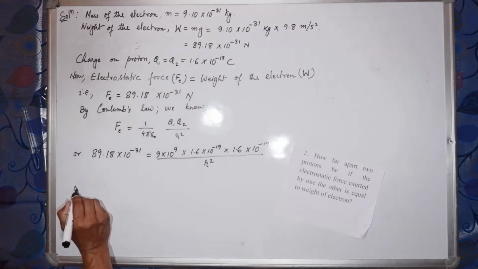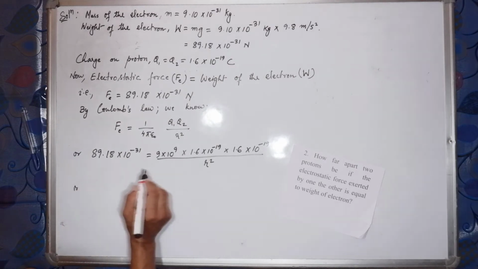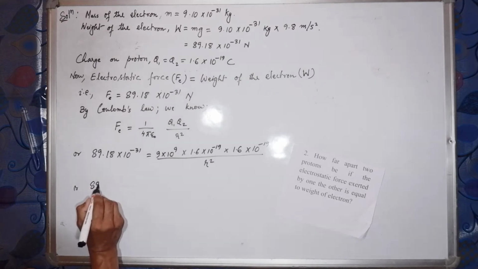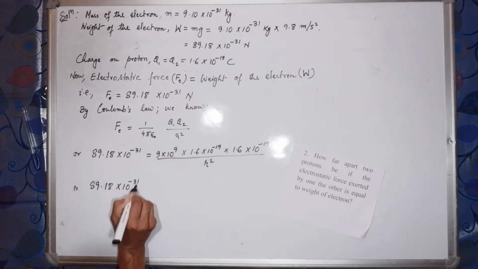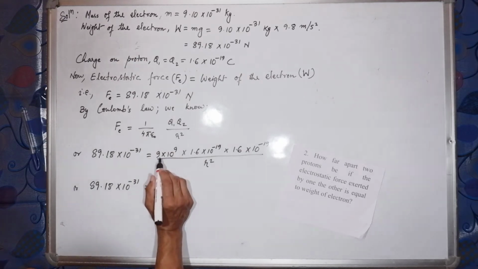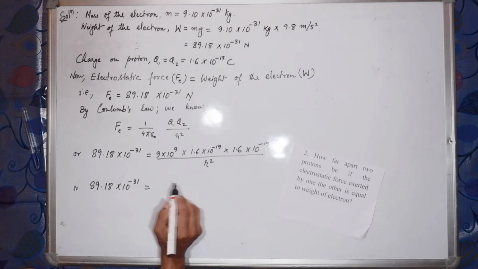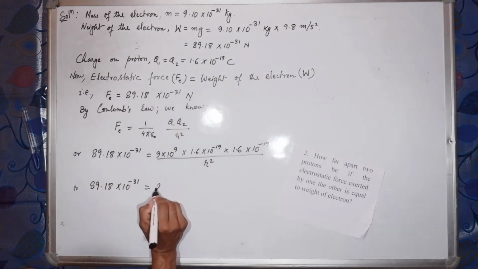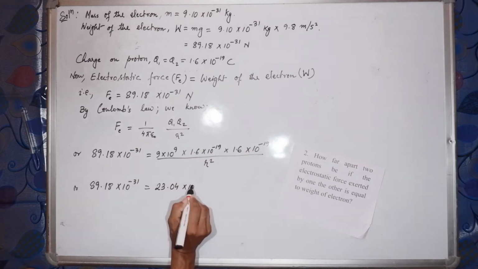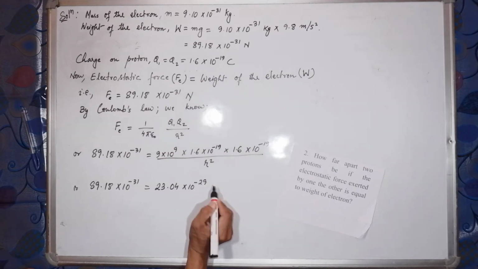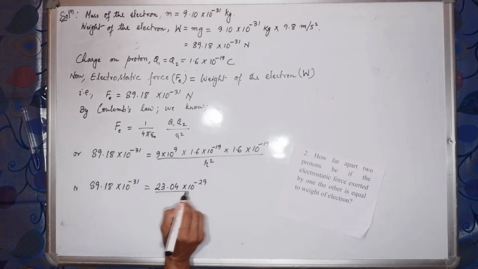So here I can write 89.18 into 10 to the power minus 31 equal to, multiplying all the numerical values, 23.04 into 10 to the power minus 29, divided by r square.